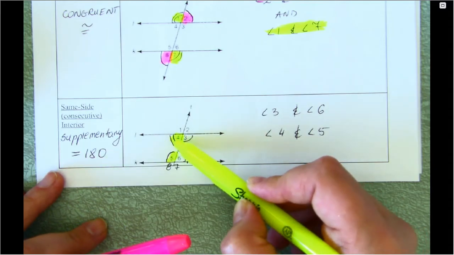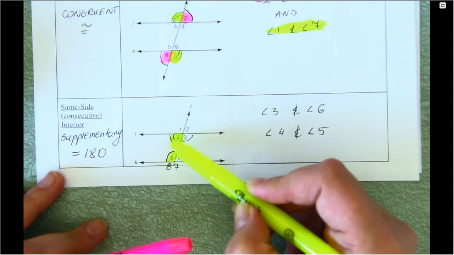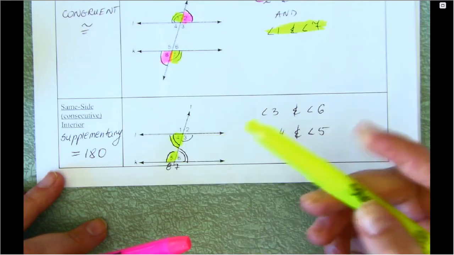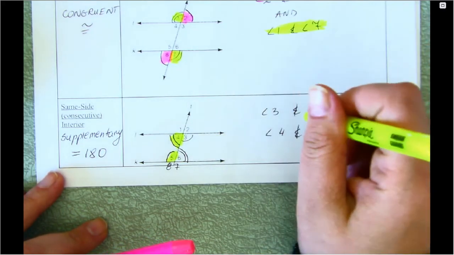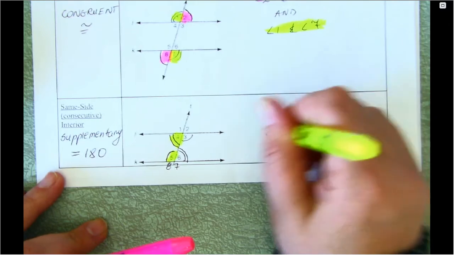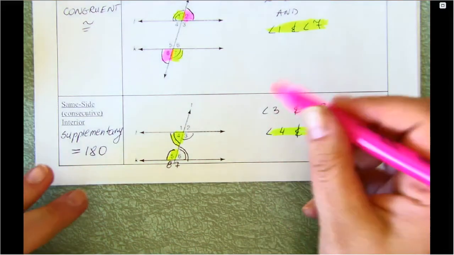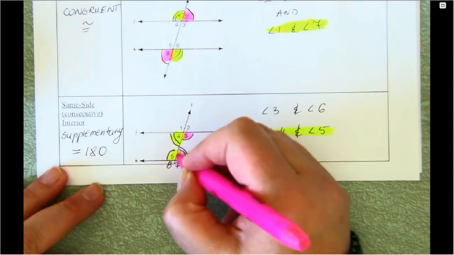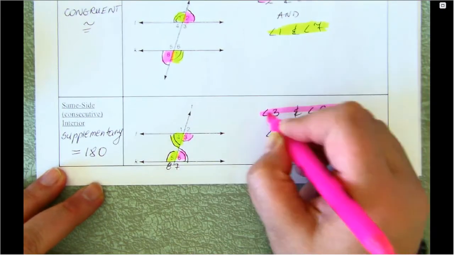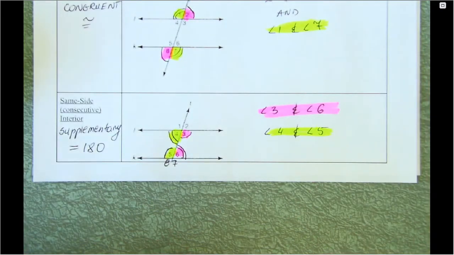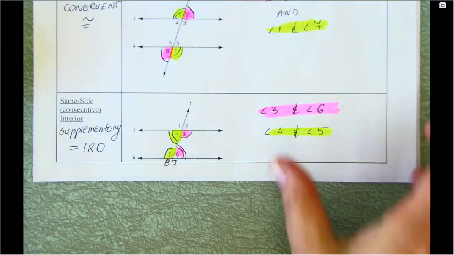So if this is 60, this has to be 120 because 60 plus 120 is 180. So angles 4 and 5 are same side interior, and angles 3 and 6 are same side interior. They're also called consecutive interior because they're next to each other.